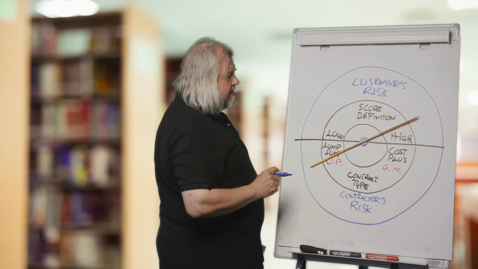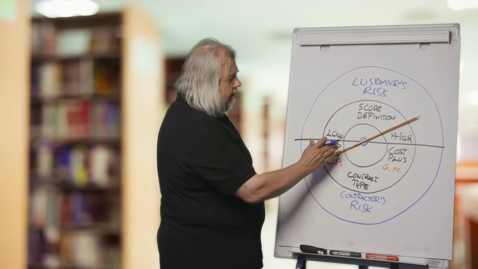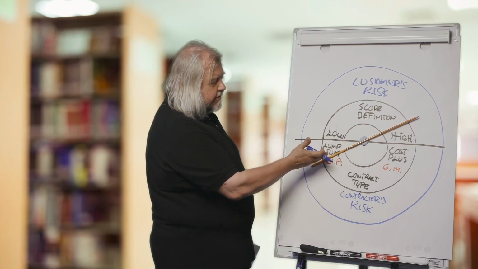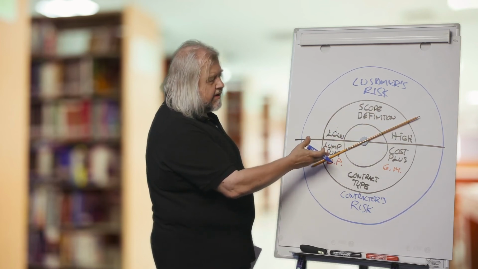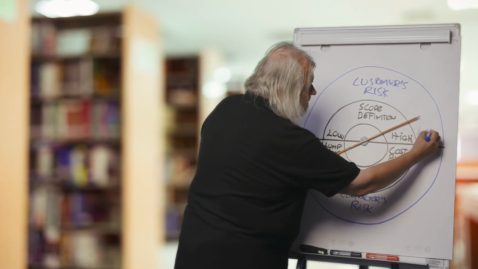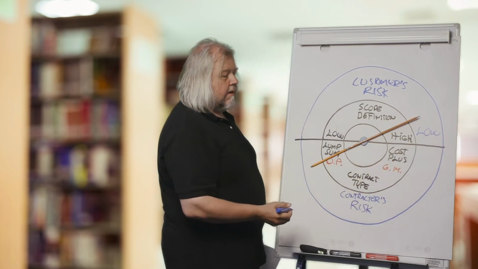And it is rather natural that if the scope definition is high and the contractor has agreed to do a fixed price contract, a lump sum contract, the customer's risk is rather low there.